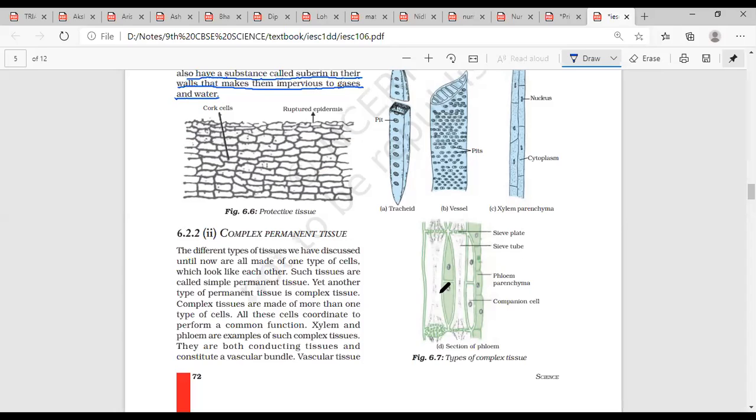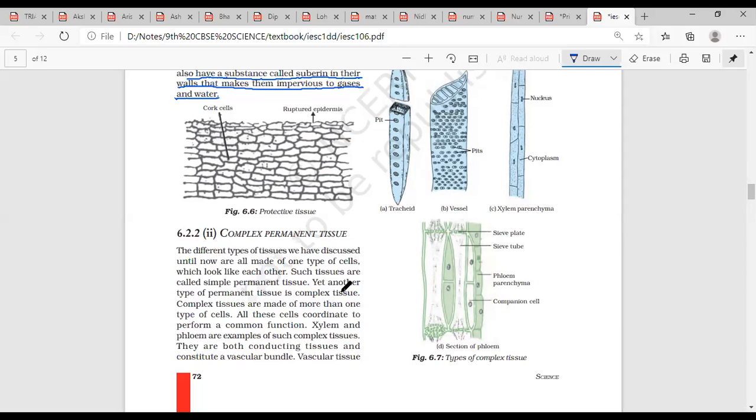All this organic food should be transferred to each and every part of the plant. So the transportation of the water soluble food takes place through phloem. Phloem helps in transportation of food from leaves to different parts of the plant. Is that clear?